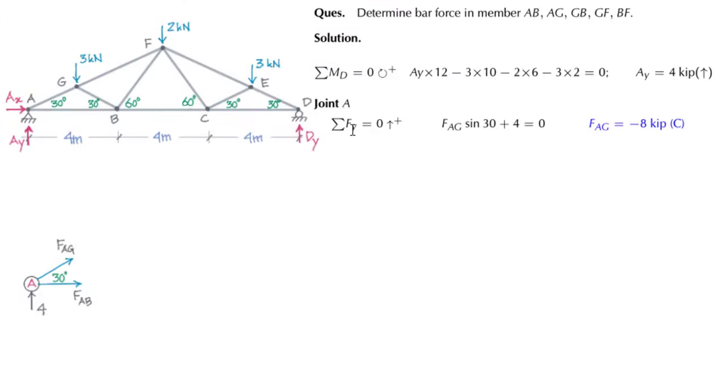At joint A, if you take summation of Fy equals 0, what will happen? The 4 is in the upward direction, that is why it is positive 4, and there are two components of FAZ, one horizontal component and another vertical component. The vertical component will be FAZ sin theta, as the angle is with the horizontal axis. The horizontal component will be FAZ cos theta.